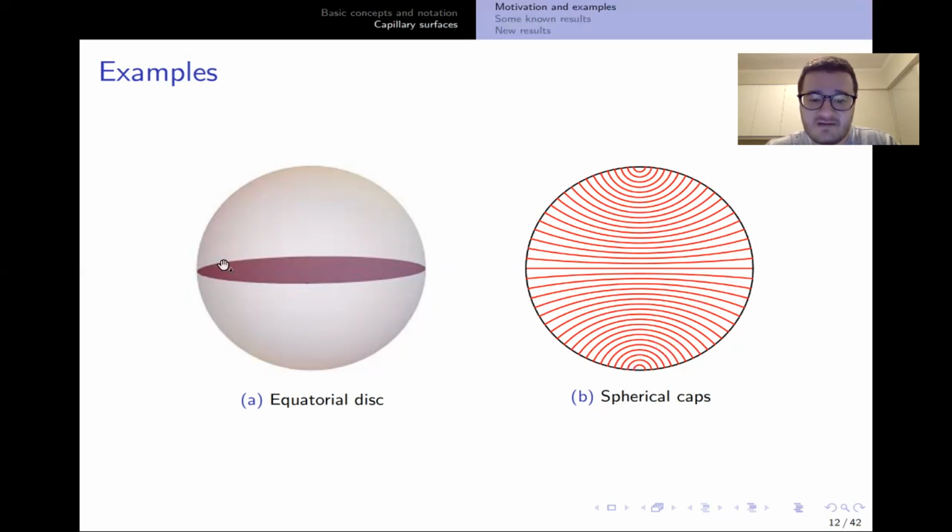So, for instance, if you take an equatorial disk and slide it upwards so that it doesn't contain the origin anymore, then it intersects the boundary of the ball in a different angle, and it is constant if it's parallel to the XY plane. So this gives an example of a capillary minimal surface with an arbitrary angle between 0 and pi.